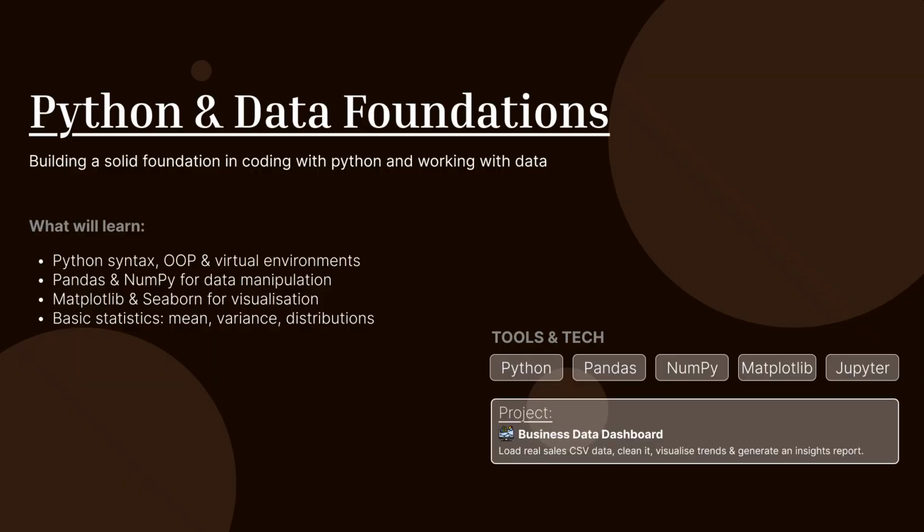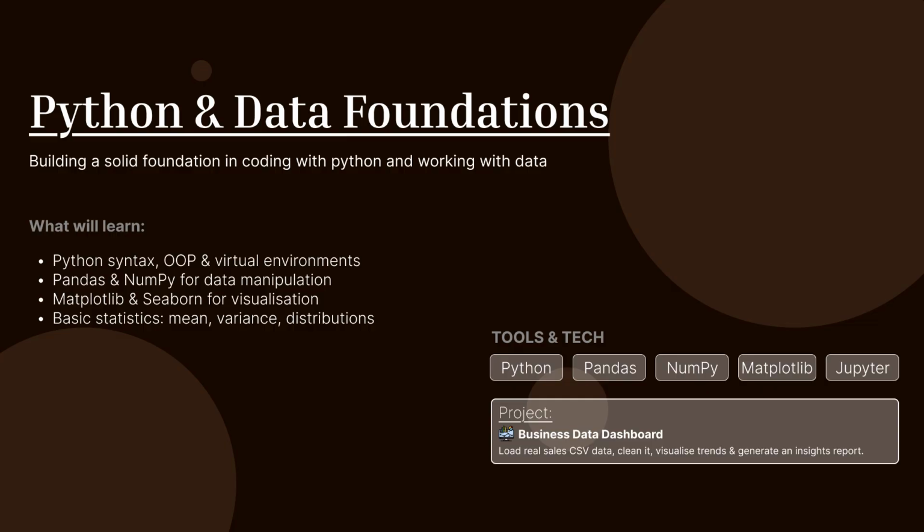Phase one is a 2-week sprint into Python and data basics. Now, I already know how to code, so I won't be starting from zero, but we'll be covering Python from the ground up, because Python is the main tool used for almost everything AI related in today's world. Before I touch any of that, I need to make sure I'm able to code in Python comfortably, not as an expert, but comfortably.